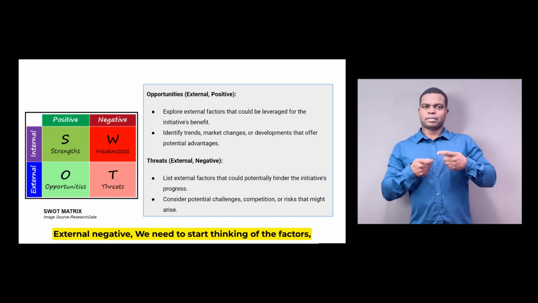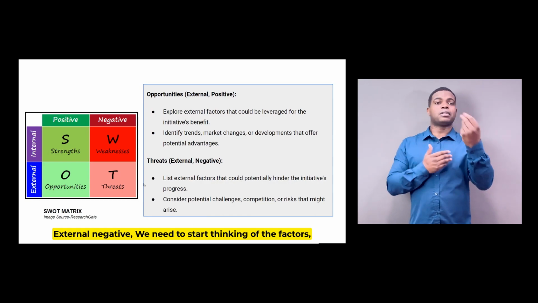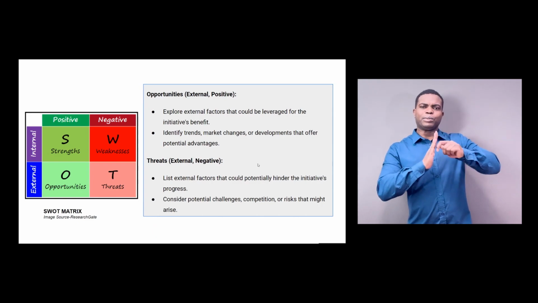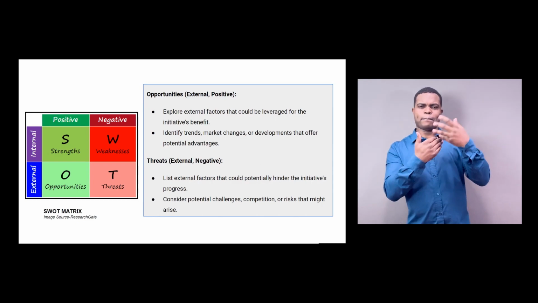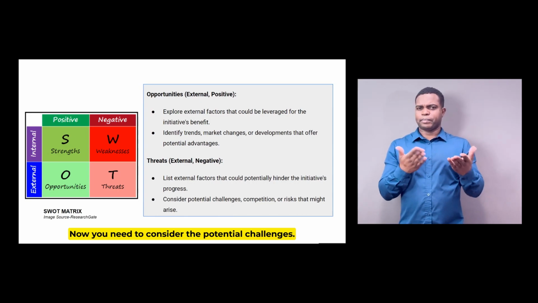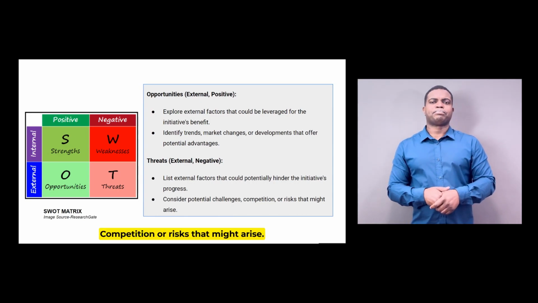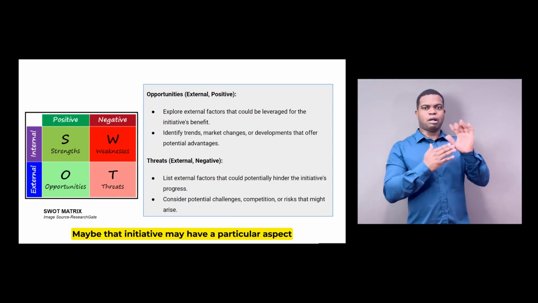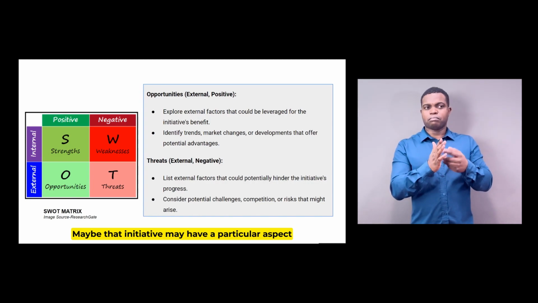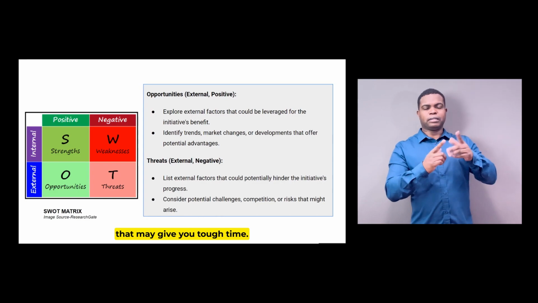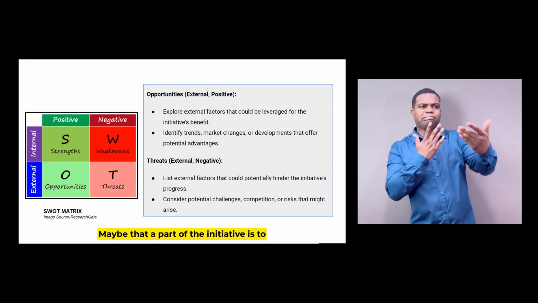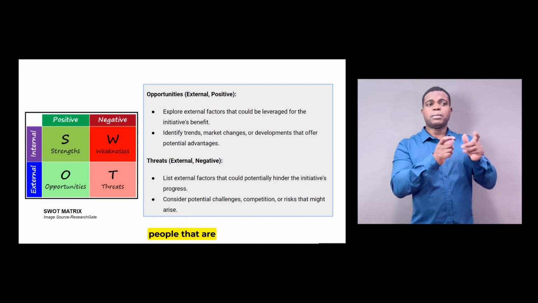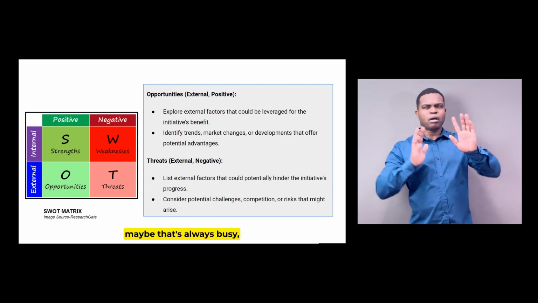Threats, external negative. You need to start thinking of the external factors that could hinder your initiative's progress. Now you need to consider the potential challenges, competition, or risks that might arise. Maybe that initiative may have a particular aspect that may give you a tough time. Maybe a part of the initiative is to talk to people that are always busy.